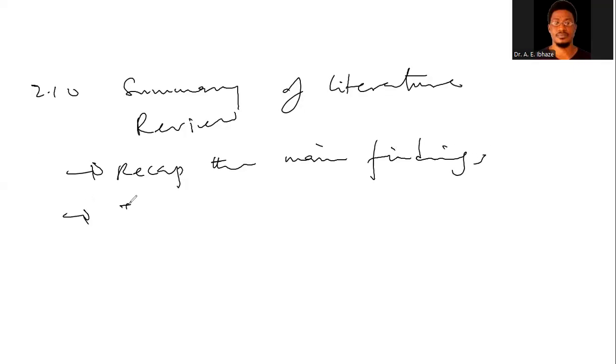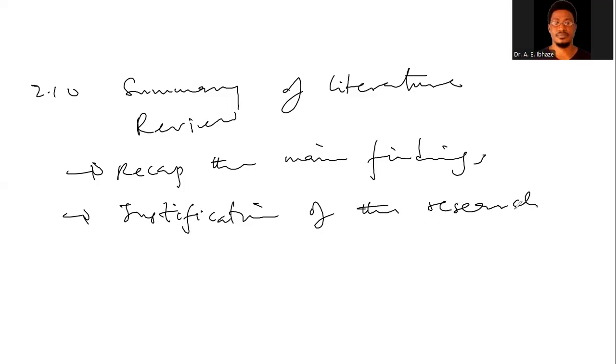Then you also want to provide justification of the research. In providing that justification, you want to focus on designing and constructing an improved apnea monitor. Then you want to link the literature gaps to the research objectives. And that concludes it. Does this make sense, please?